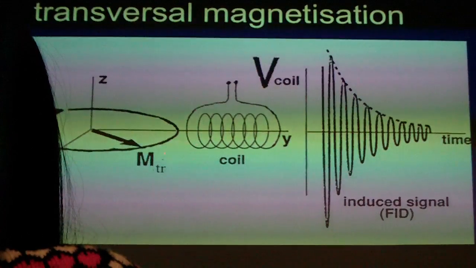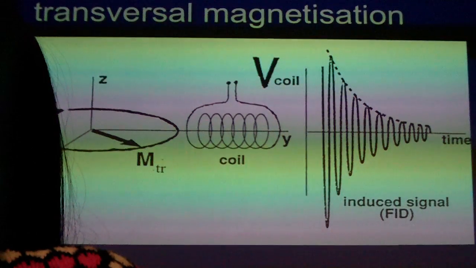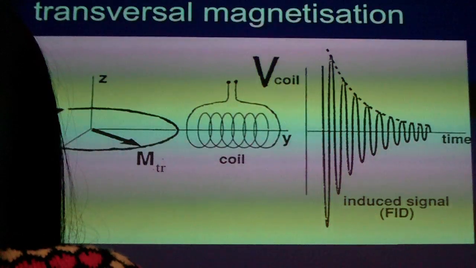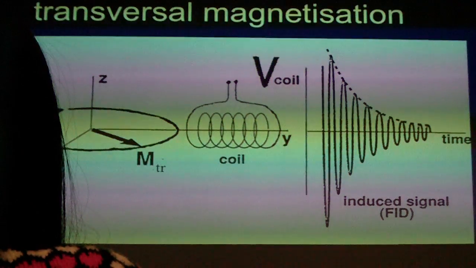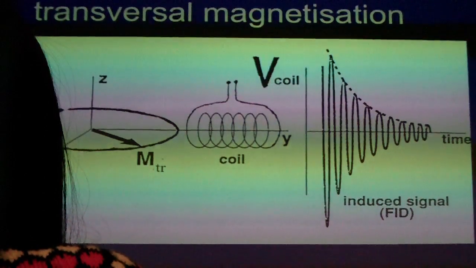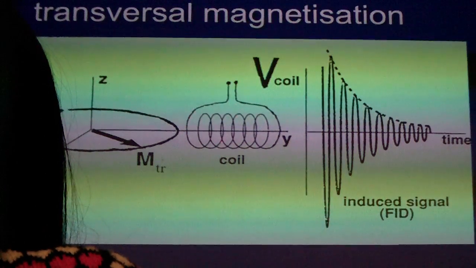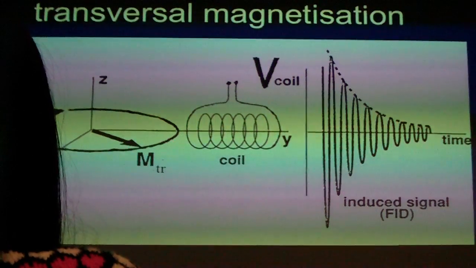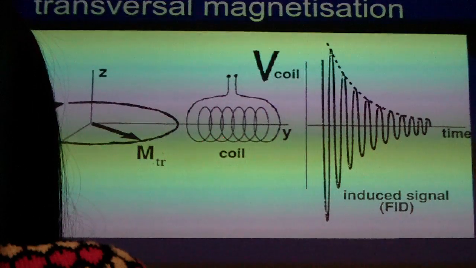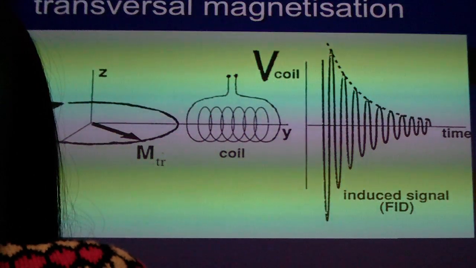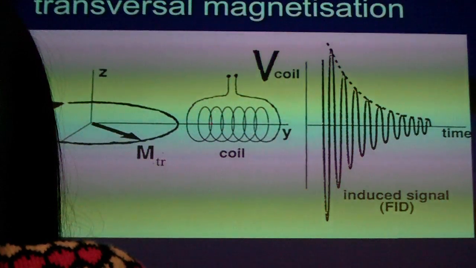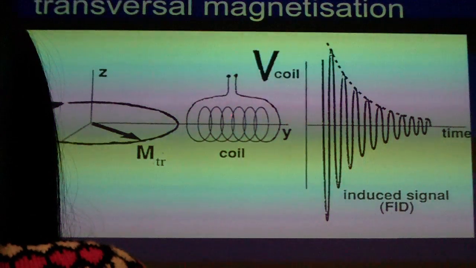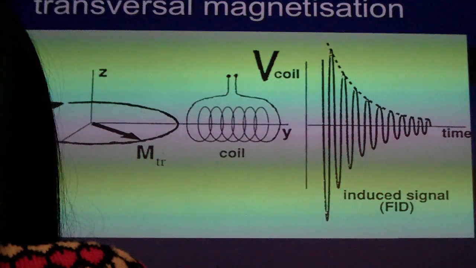If we put here a coil, which is basically circular conducting material, so it's possible to have current through it, it induces a current in here. Changing magnetic field induces a current, right? Okay. And how big this current is depends on how big the magnetization. So in that way, we can measure the magnetization.